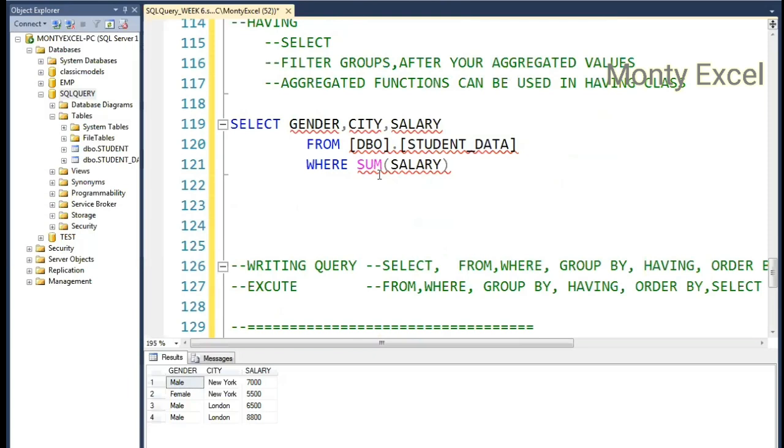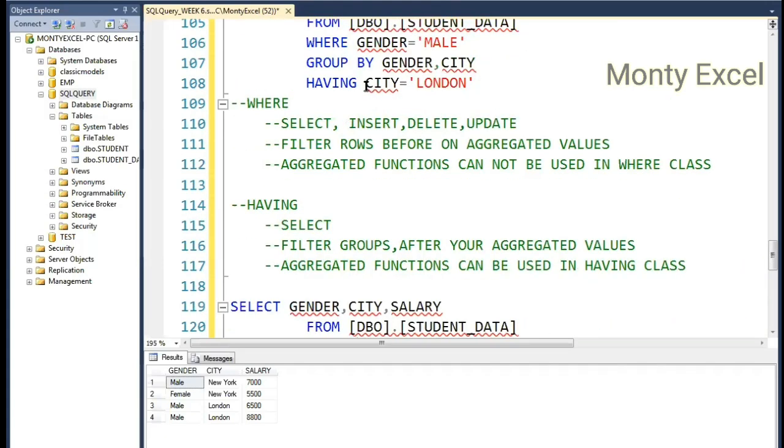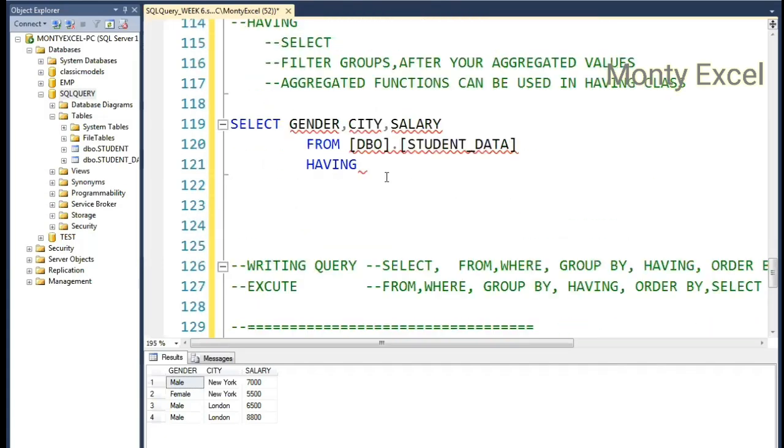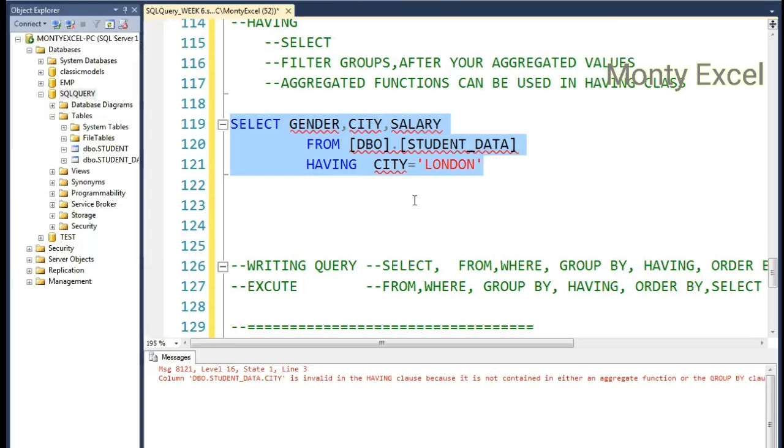We have seen that clearly, but what if you want to use an aggregated function in a HAVING clause, how does it work? Before using HAVING, what exactly do we require? Let's say HAVING city equals, just for now. If I run this, I'll get an error because there is no aggregated one.